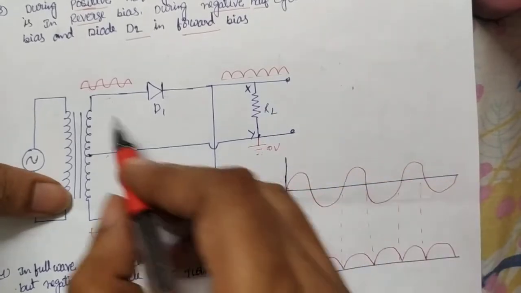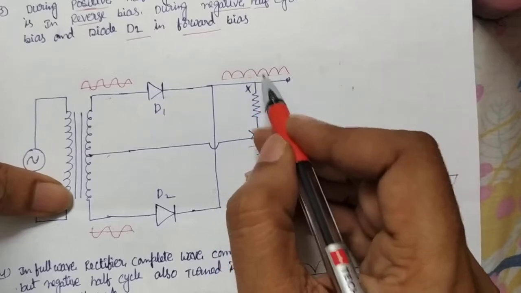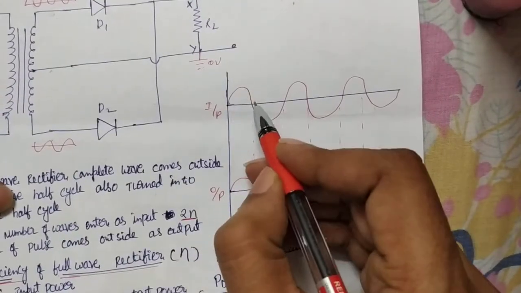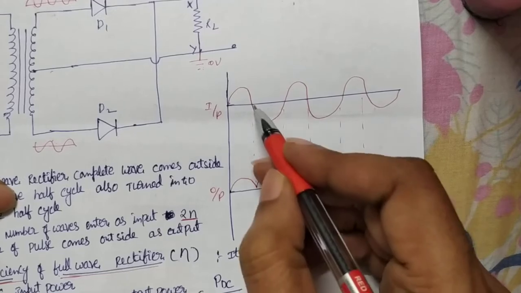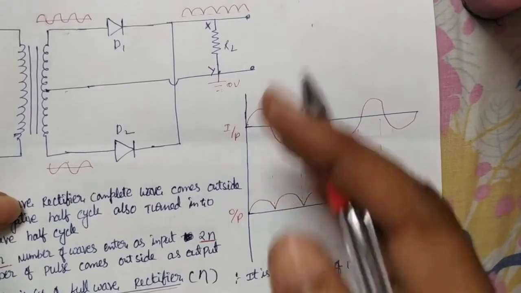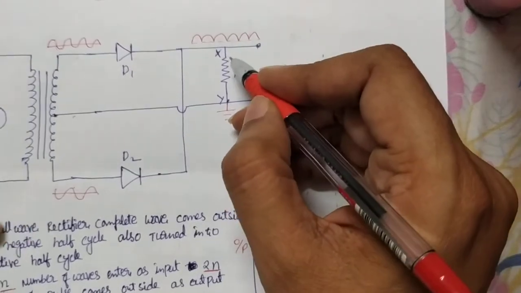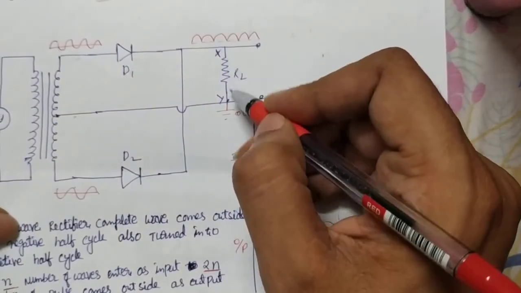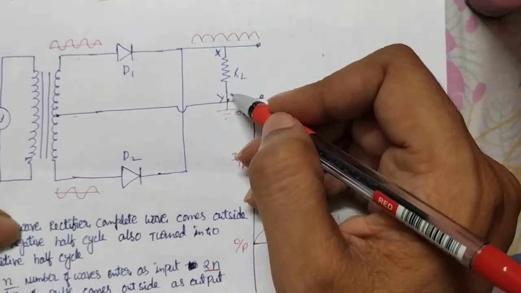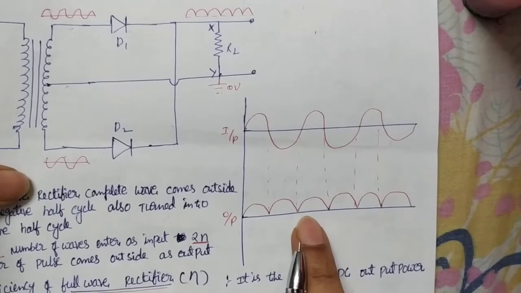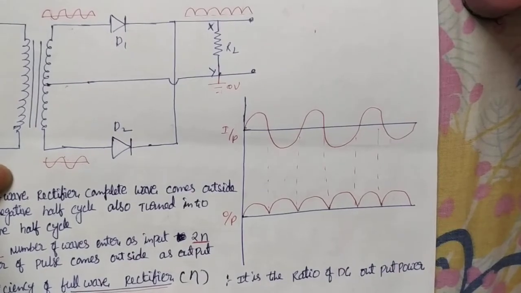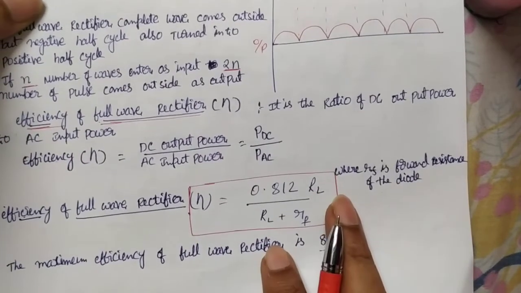That's why the negative half loop also comes on the positive side. For the positive half loop, you see in the graph, we get a half loop outside. For the negative half loop we also get a half loop outside, but that also turns to the positive side, because in both cases the current is flowing in the X to Y direction. So it is flowing in the same direction, and that's why this loop also turns to the other side. Here the efficiency becomes double compared to the half wave rectifier.